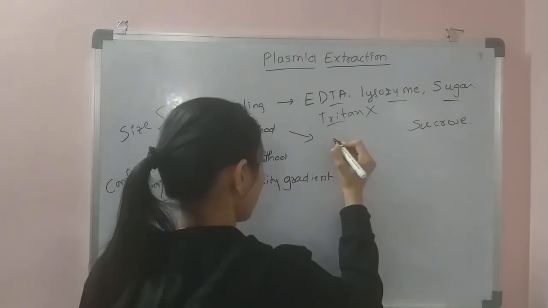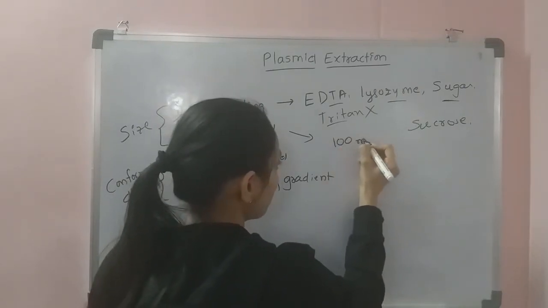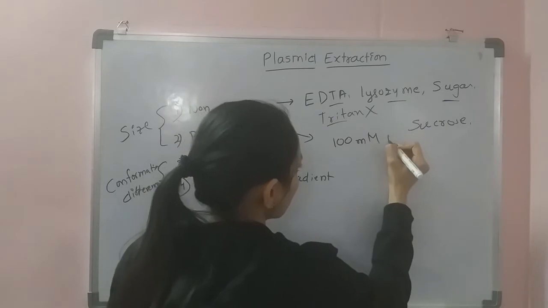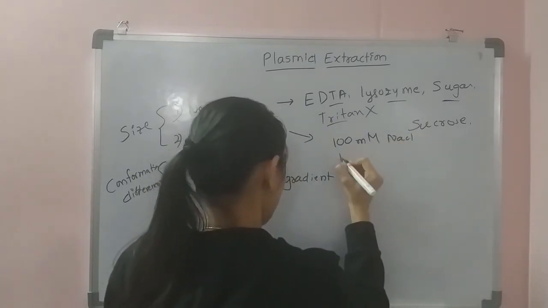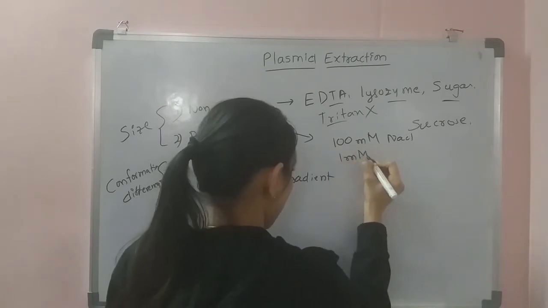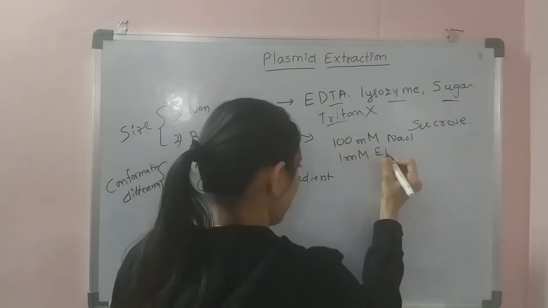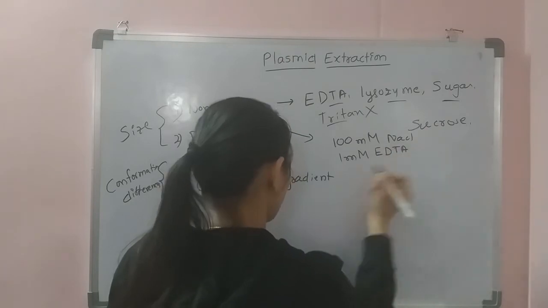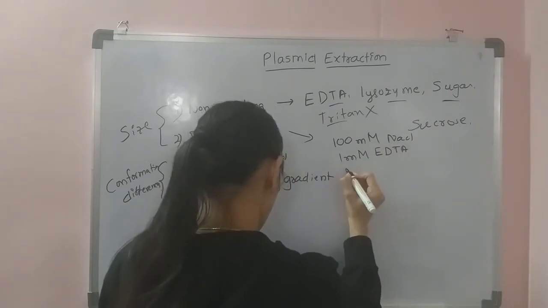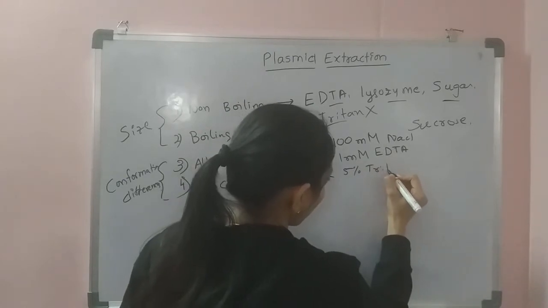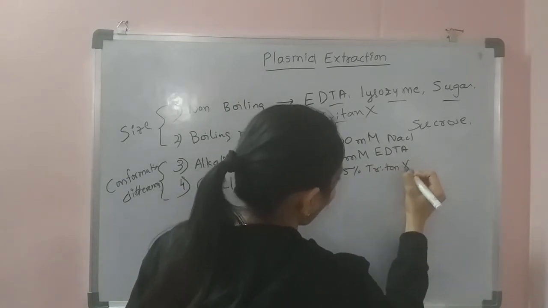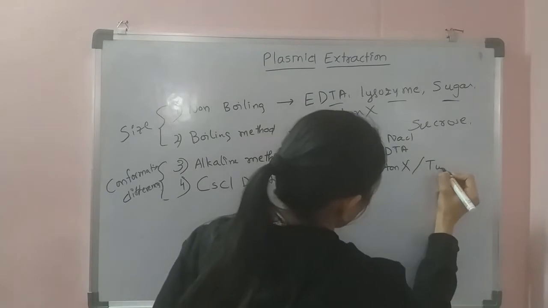That means here we are going to use 100 millimolar NaCl and 1 millimolar EDTA and 5% Triton X or Tween 20.